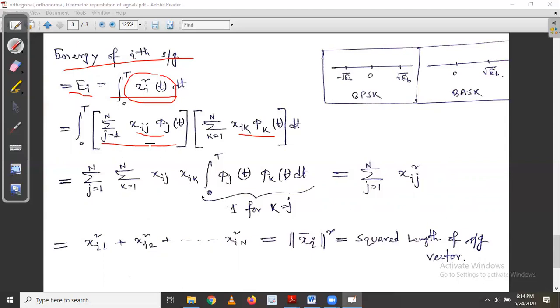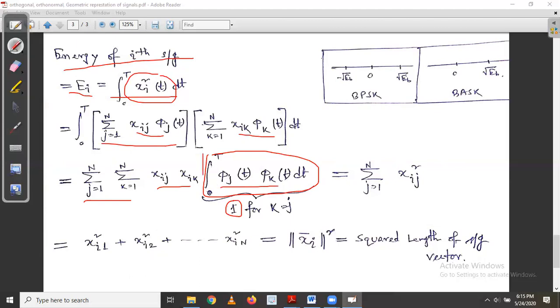Now just rearranging this one, the summation you are taking out, x and x these terms we are taking out, the integration 0 to T, and these two terms we have written here. From the definition of orthogonality, if j and k are equal, then this integration will give you 1. That is the condition of orthogonality.